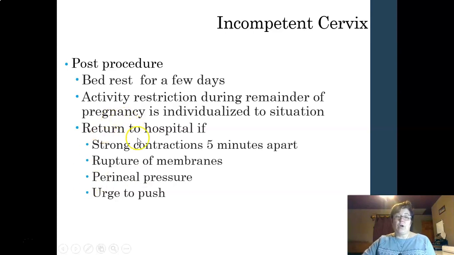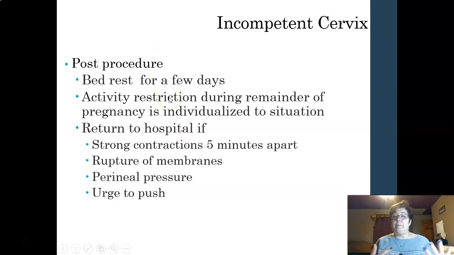So we want her to know that if at any time she starts to have frequent contractions, if she notices a leakage of fluid, if she starts to feel pressure down there or the urge to push, she needs to come straight to the emergency room, okay? Because then something wrong is happening, okay? The cervix is either trying to open or she's having contractions. Maybe she went into labor. So any of those symptoms, she needs to return to the hospital for treatment, okay?